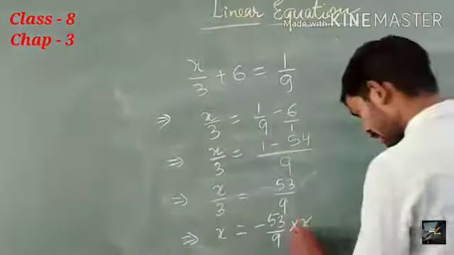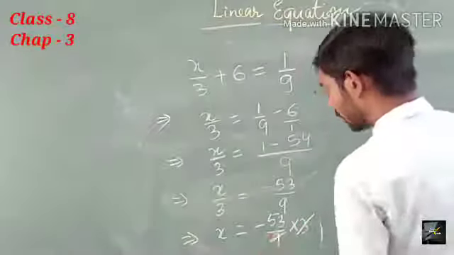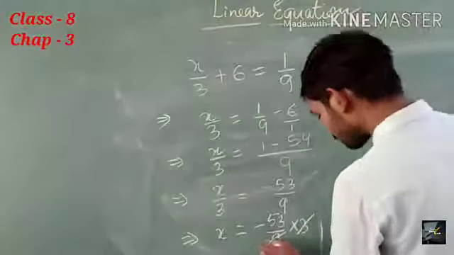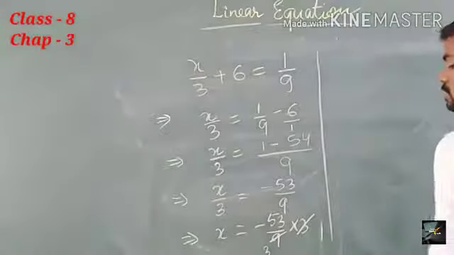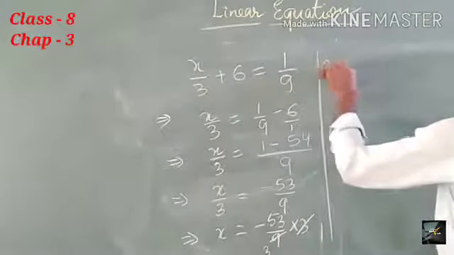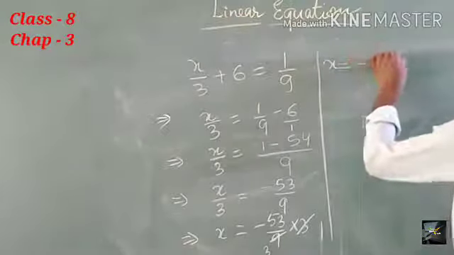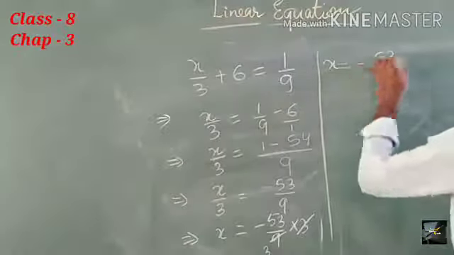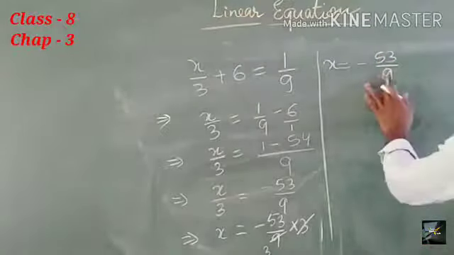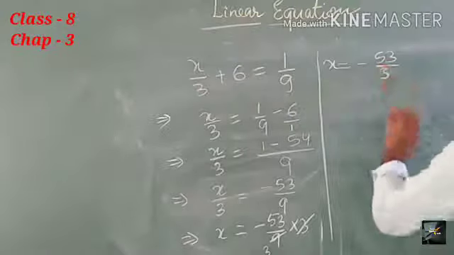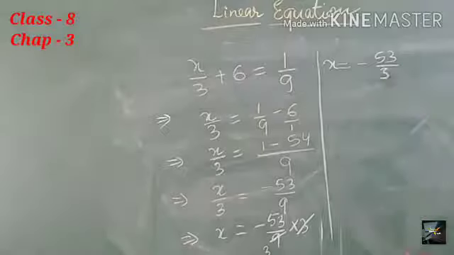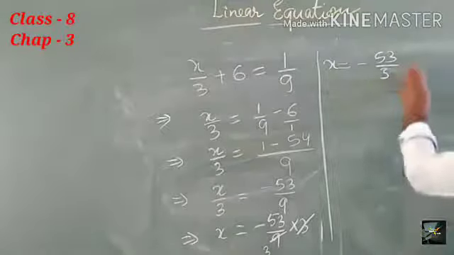Now we get 3 ones are 3 and 3 threes are 9. So we get the result as x is equal to minus 53 upon 3. Therefore, minus 53 upon 3 is the right solution. Okay, student, so I hope it is clear.